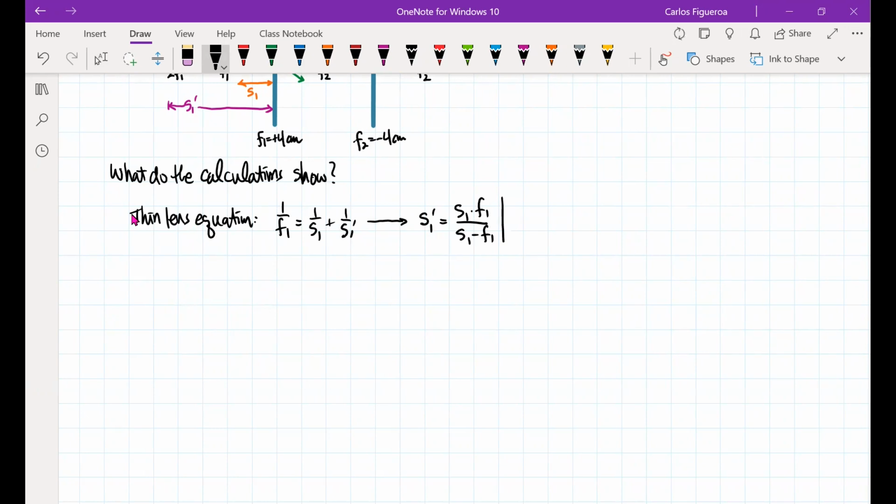We know that S1 is 3 centimeters and F1 is 4 centimeters. So if I plug in my numbers, this is 3 times 4 divided by 3 minus 4, which gives me minus 12 centimeters for S1 prime.